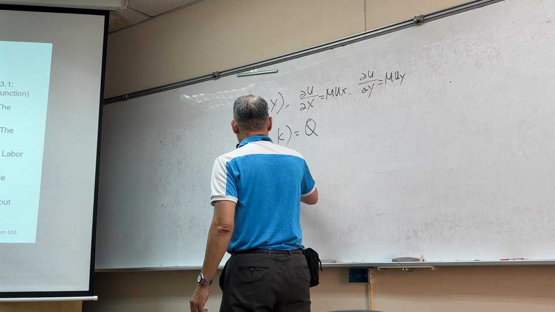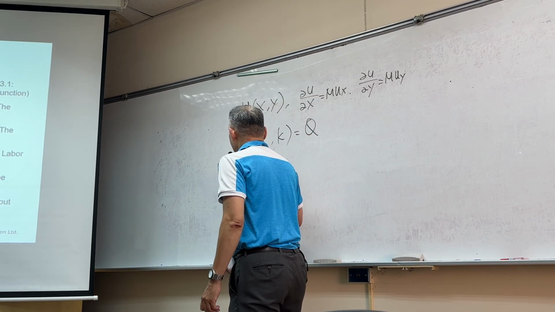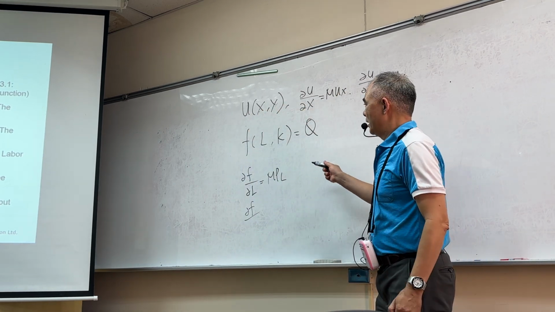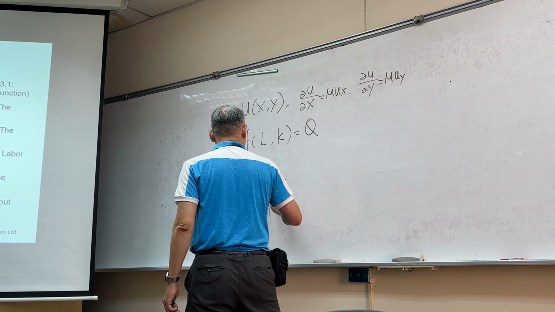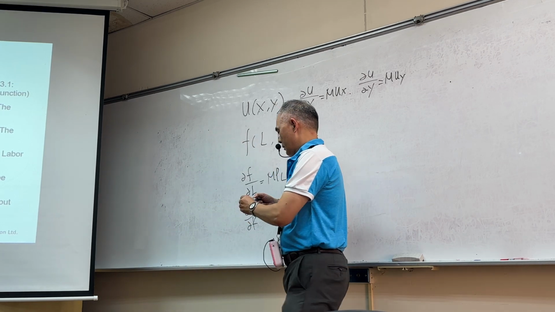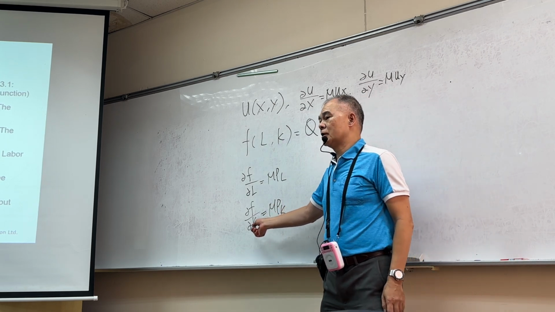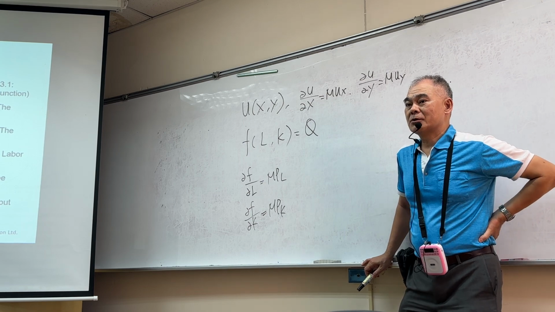So this is MPL, okay? Again, suppose you put in an additional amount of capital. Then you get additional output due to the change in capital. So that's how it works.